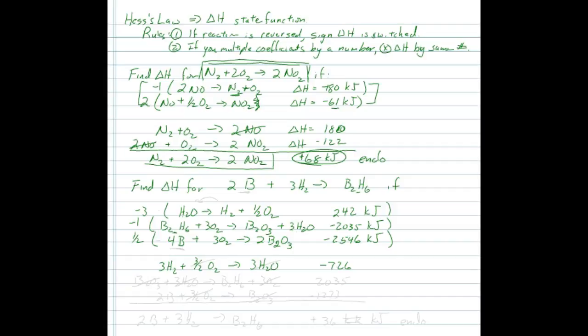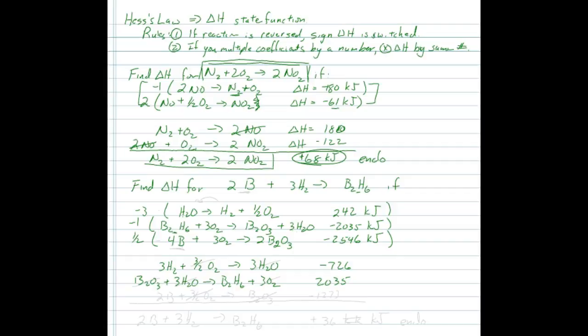Multiply this by -1, which means switch it, formula-wise. B2O3 plus 3H2O yields B2H6 plus 3O2, and switch that sign around, so it's a positive 2035 kilojoules.